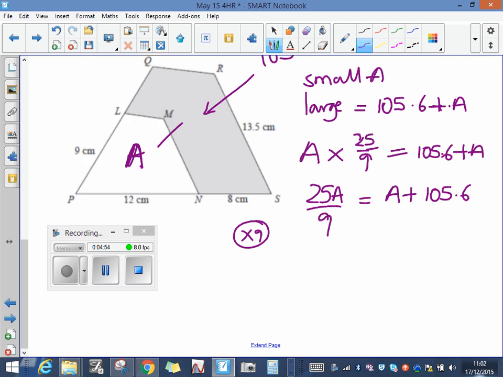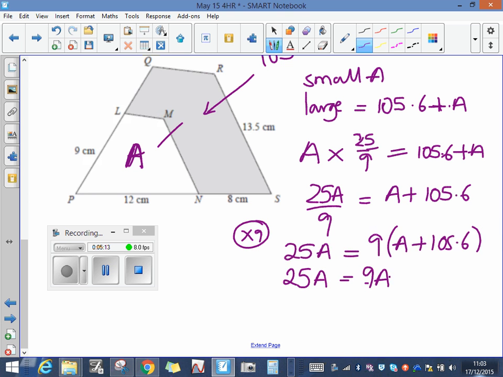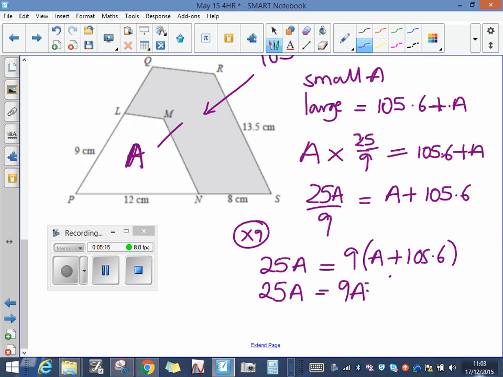Now to get rid of that 9, I'm first of all going to multiply both sides by 9. So on the left-hand side, if I multiply by 9, that's just going to give me 25A, and that's going to equal, now if I multiply the right-hand side by 9, I've got 9 times A plus 105.6, so 25A is going to equal 9A plus 9 lots of 105.6, and that comes out as 950.4.